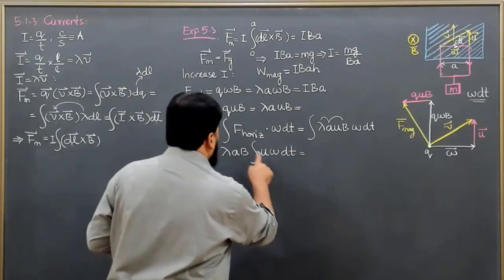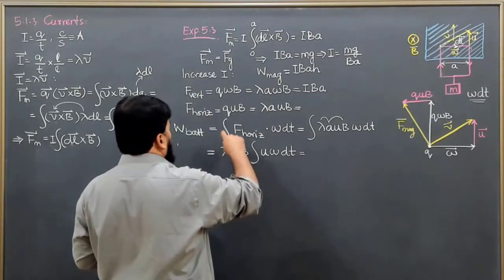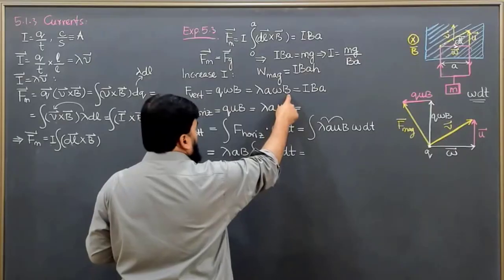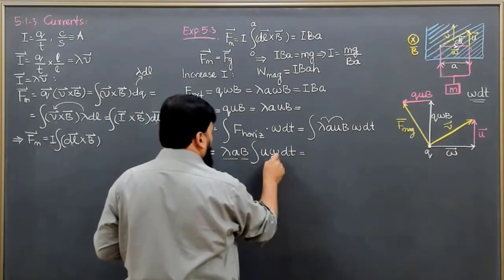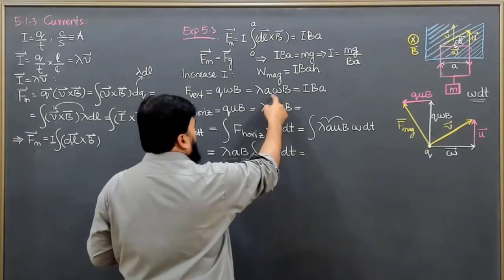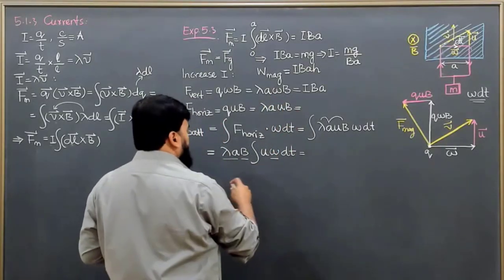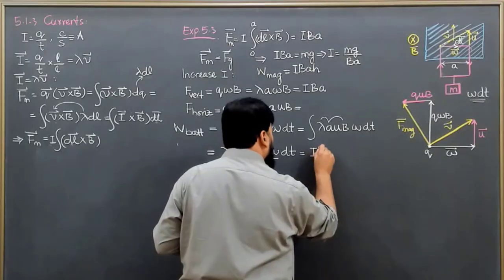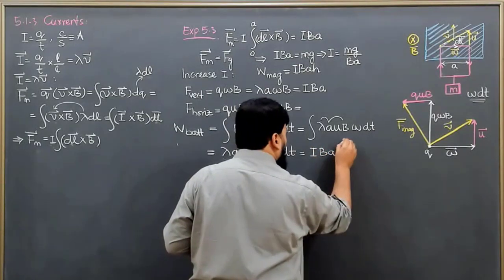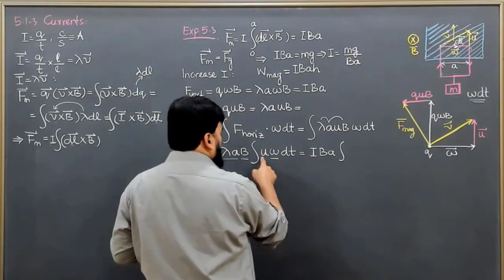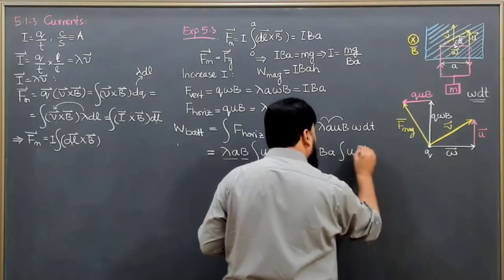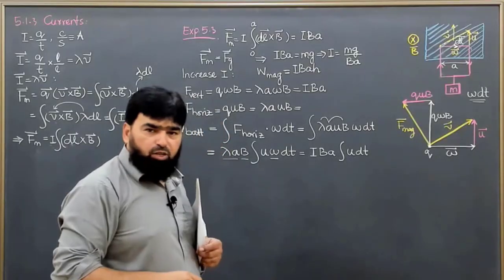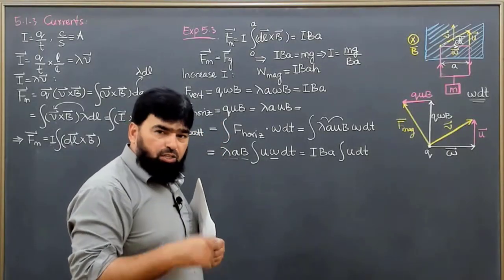Now from here we can see that lambda a W B is IBa. So we have IBa outside the integral. What is left is U dt.